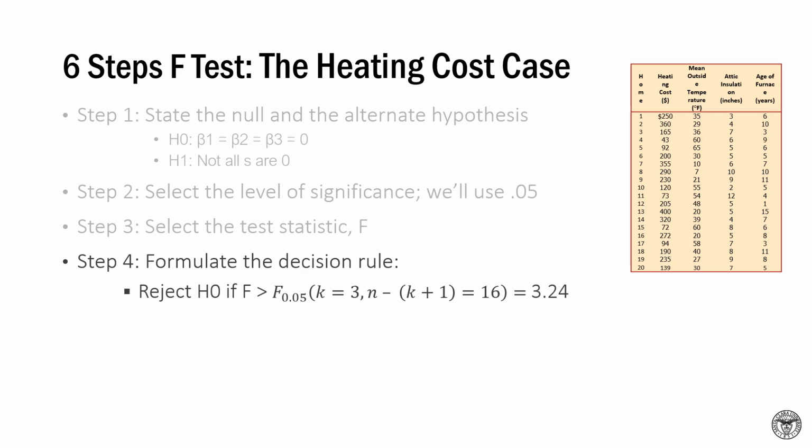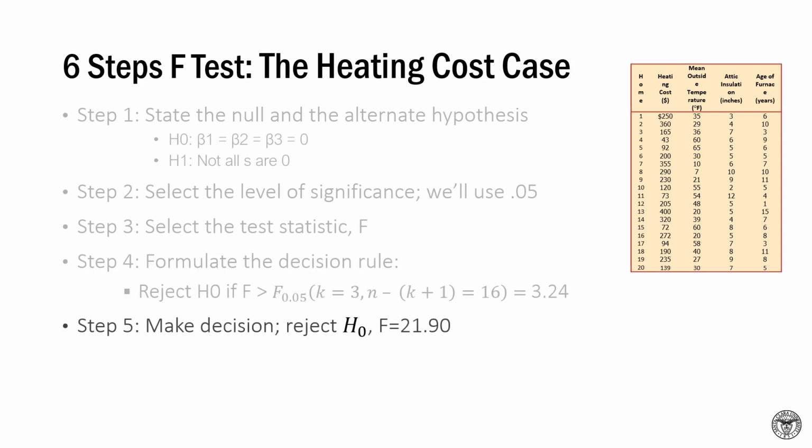We navigate horizontally to the section with 3 degrees of freedom in the numerator. Then we move downwards to 16 degrees of freedom in the denominator, locating a critical value of 3.24. In the fifth step, we observe the test statistic F-value is 21.9.